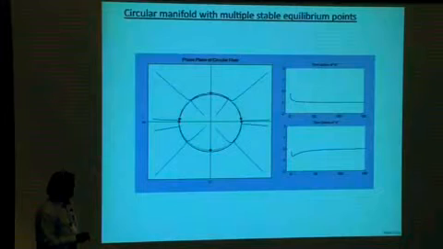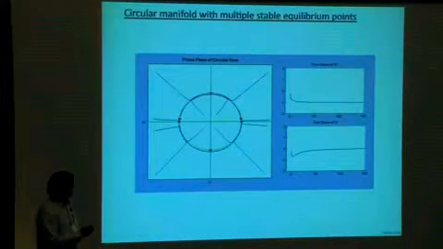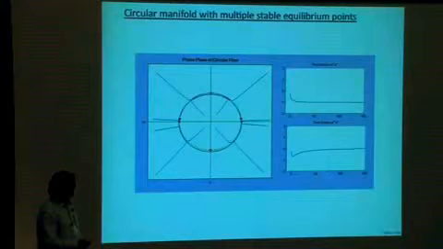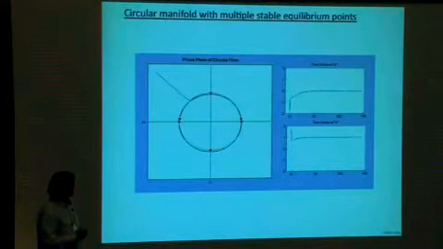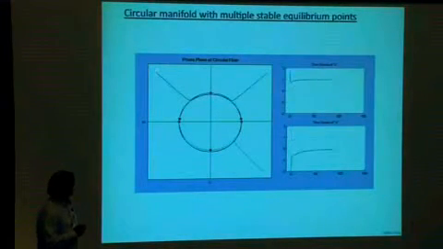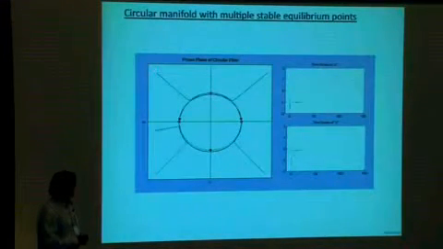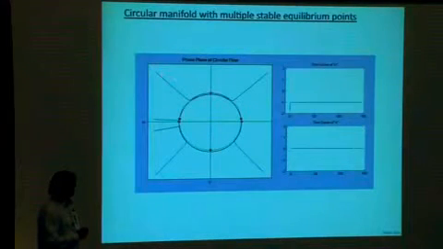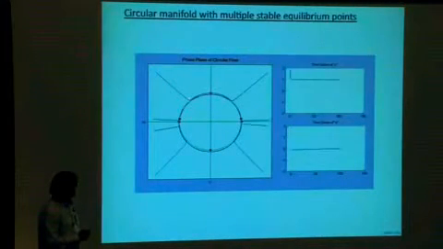The time series that I just plotted are fully equivalent to the trajectories plotted here. I'll go backwards. This is the first time series that we saw: initial point, this is a transient, and then it goes very fast to this circular structure, and then it moves towards this red point.